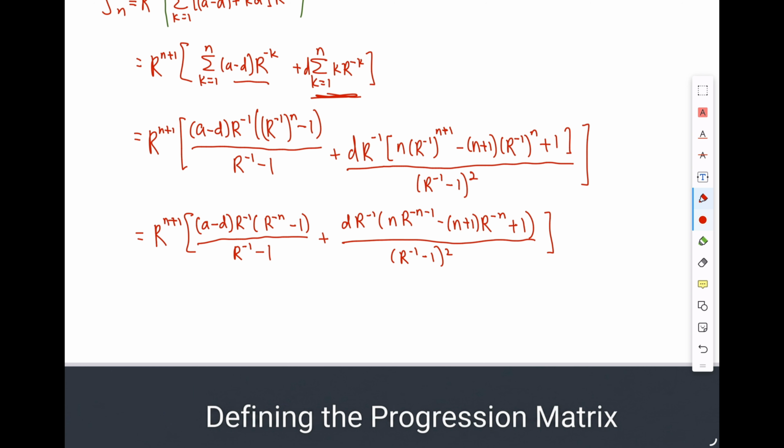And then we are done. So although it looks very terrifying, if we substitute n equals 8, a equals 6,000, d equals 1,002, and r equals 1.04, you should be able to verify that this is going to be the same answer as the Excel sheet.